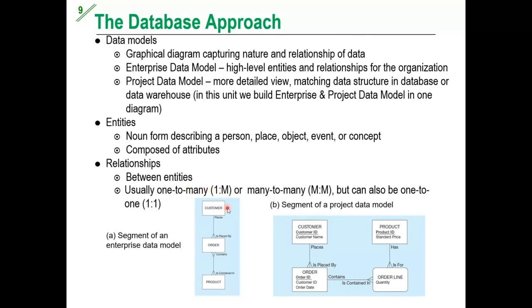For example, think about this. I'm interested in capturing the details of the customers and the customer orders, right? So I have two objects, the customer object and the order object, right? What is the relationship between the customers and the orders? One customer can order many products, right? So that means there is a one to many relationship between the customer and the order.